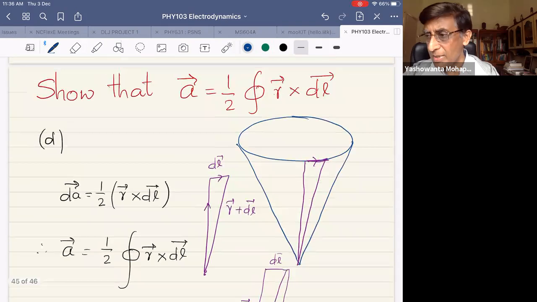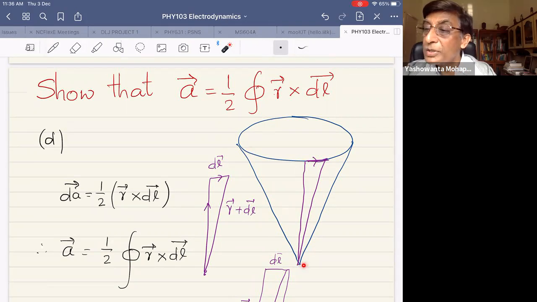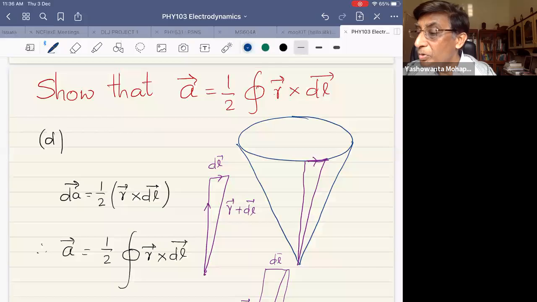The D part is, so that A is this. If you take any surface, I can take the origin O, and a cone of that surface, and then any dl, so this is my dl, and r plus dl is this, and this is r to the origin.